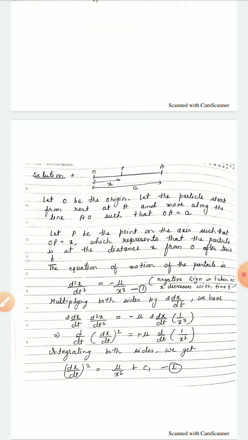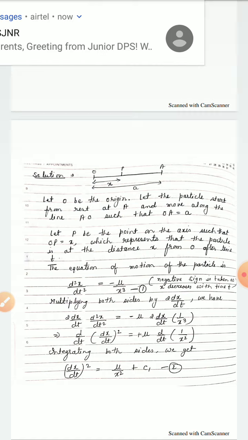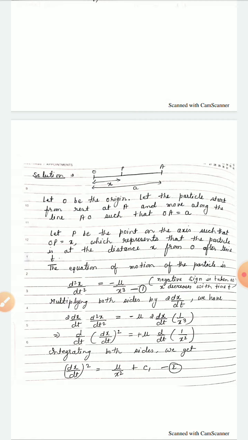Let P be the point on the axis such that OP is equal to x, which represents that the particle is at a distance x from O after time t. So according to the question, the equation of motion of the particle is d2x by dt square is equal to minus mu by x cube. Give it as equation 1, and the negative sign is taken as x decreases with time t.